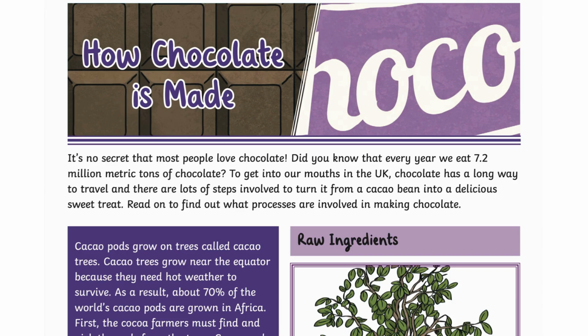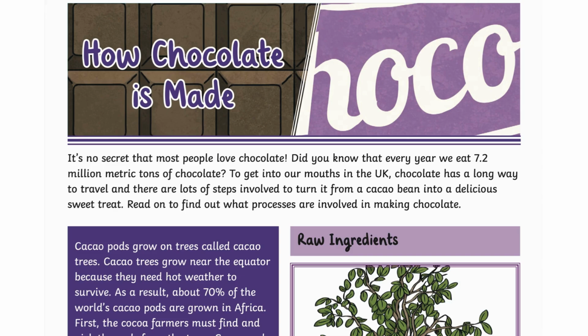Raw ingredients. Cacao pods grow on trees called cacao trees. Cacao trees grow near the equator because they need hot weather to survive. As a result, about 70% of the world's cacao pods are grown in Africa.